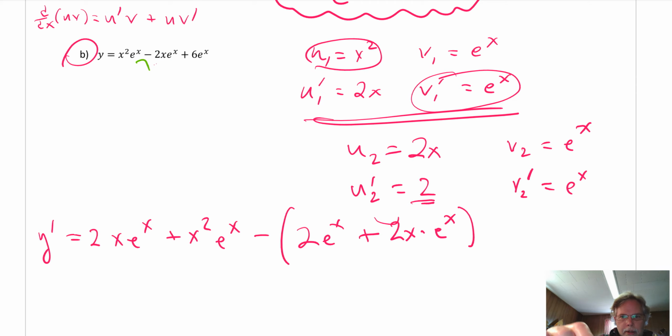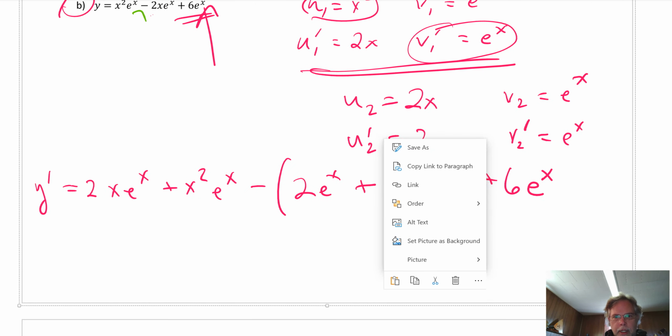The last term in the problem is not a product. It's just plus 6 times e to the x. Well, it's a product, but it's the number 6, so a constant. So we don't need the product rule. So we'll have plus the number 6 times the derivative of e to the x, but e to the x has for its derivative itself, e to the x. So there's our, not quite our answer, but that's our work of taking the derivative.